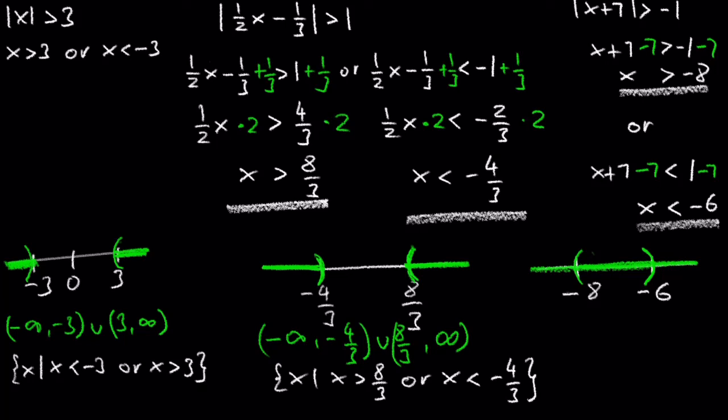The interval notation is negative infinity to negative 6 union negative 8 to infinity. In contrast to the previous two examples, in this example we don't have a gap. So our solution set includes all real numbers. The set of all x such that x is an element of the real numbers.